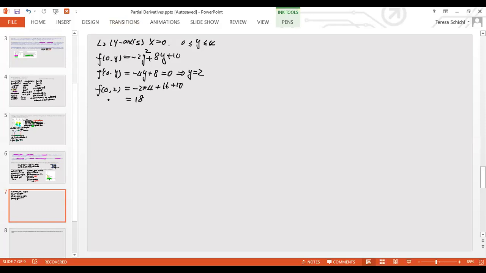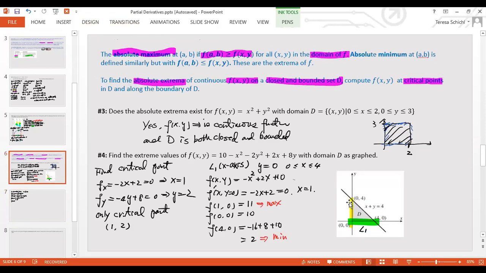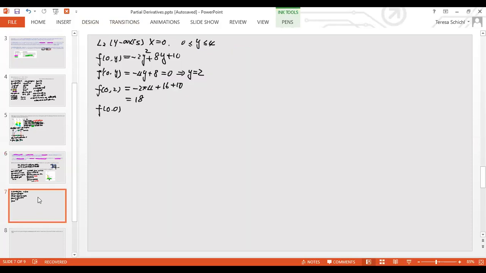All right. Then I have the other ends here. The end here is 0, 0, right? Remember, you need to plug in the endpoints like we did in Calc 1. So 0, 0 gives 10.